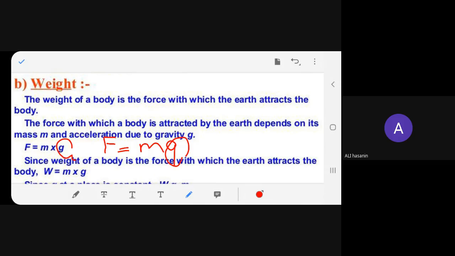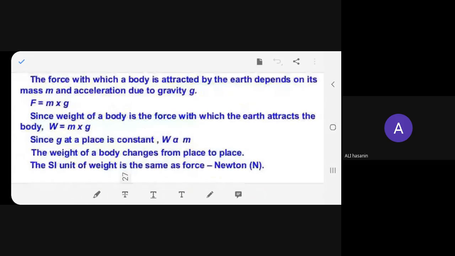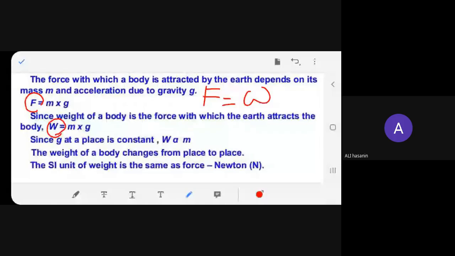So force is equal to mg. Since the weight of a body is the force with which the earth attracts the body, weight is equal to mass into acceleration due to gravity. So instead of force, we put weight: W is equal to mg. Agree? Yes, ma'am.